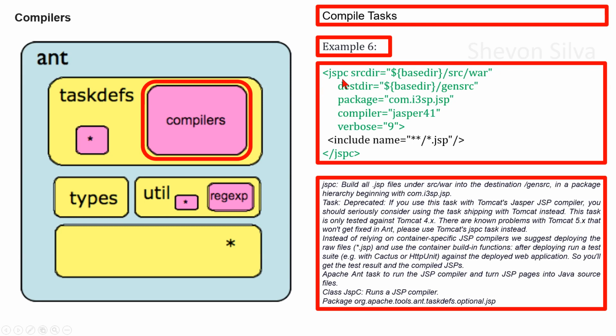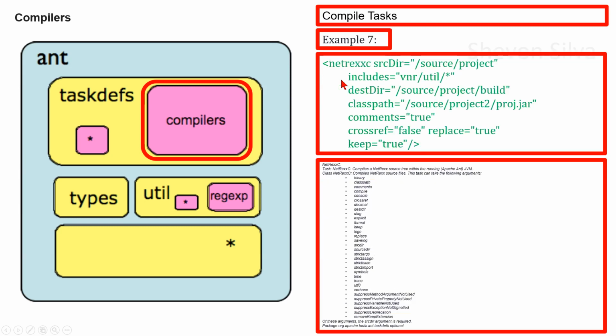This task is basically an Apache Ant task to run the JSP compiler and turn JSP pages into Java source files. With regard to the API, class JSPC runs a JSP compiler. This is in the package org.apache.tools.ant.taskdefs.optional.jsp.